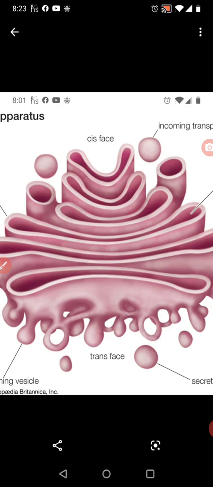So it helps in transporting, modifying and packaging, that is, storing, modifying and packaging the products. It also helps to convert simple sugar to complex sugar, and it is also involved in the formation of lysosomes. So this is all about the cell organelles: Golgi apparatus, lysosomes and mitochondria. In the next lecture, we'll study another cell organelle.